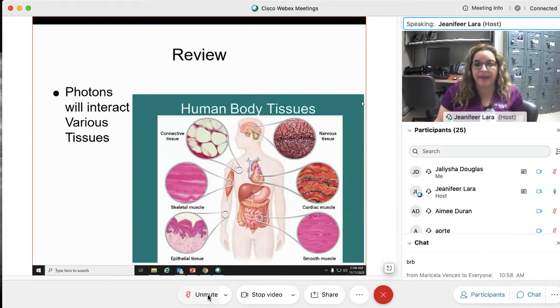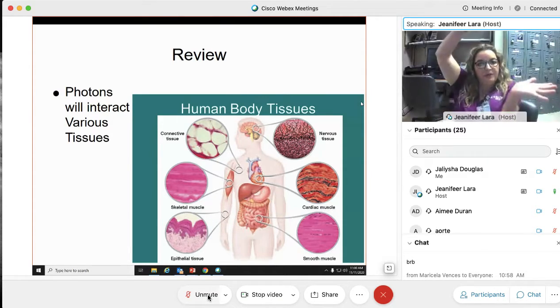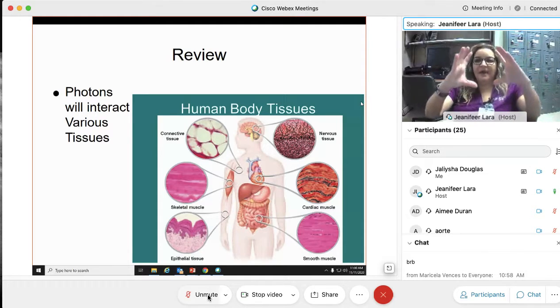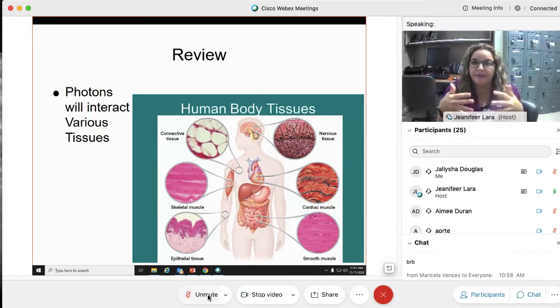If I were to take adipose, no matter how thick it is, and compress it, I have compacted that tissue more, making it more difficult for photons to pass through. So tissue density is not thickness. It is how compact the cells are close to each other. Make sure you write that down, because I always get thickness for tissue density, and it is not. It is how compact the tissues are.